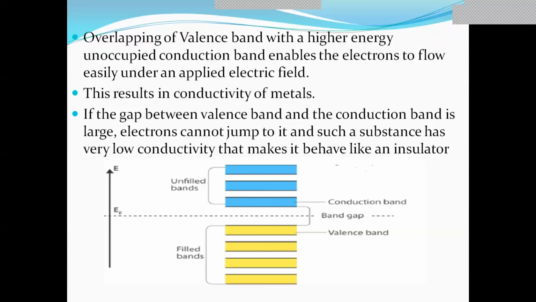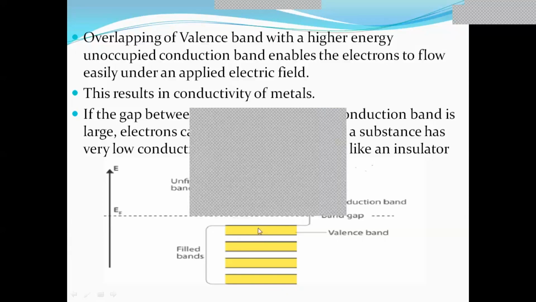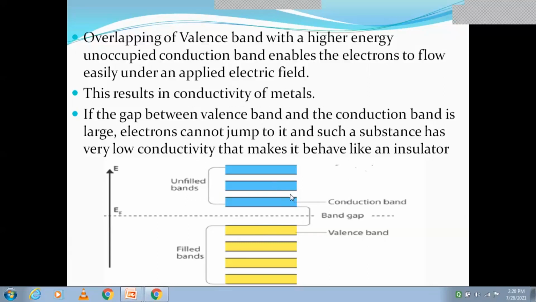Such type of materials are called insulators. సో ఇక్కడ చూసారంటే ఎల్లో కలర్ రీజన్ లో ఫీల్డ్ బ్యాండ్స్, వీటిలో ఎలక్ట్రాన్స్ ఉంటాయి. దీన్ని వాలెన్స్ బ్యాండ్ అంటాం. పైన బ్లూ కలర్ రీజన్ అన్ఫీల్డ్ బ్యాండ్స్, ఇందులో హైయర్ ఎనర్జీ ఆర్బిటల్స్ ఉంటాయి, ఎలక్ట్రాన్స్ ఉండవు. దీన్ని కండక్షన్ బ్యాండ్ అంటాం. ఈ టూ ఎనర్జీ ఆర్బిటల్స్ ఓవర్లాప్ అయినప్పుడు లోయర్ ఎనర్జీ ఆర్బిటల్స్ అనేటివి హైయర్ ఎనర్జీ కండక్షన్ బ్యాండ్ లోకి వెళ్ళి ఎలక్ట్రిక్ ఫ్లో అనేది పాసిబుల్ అవుతుంది.